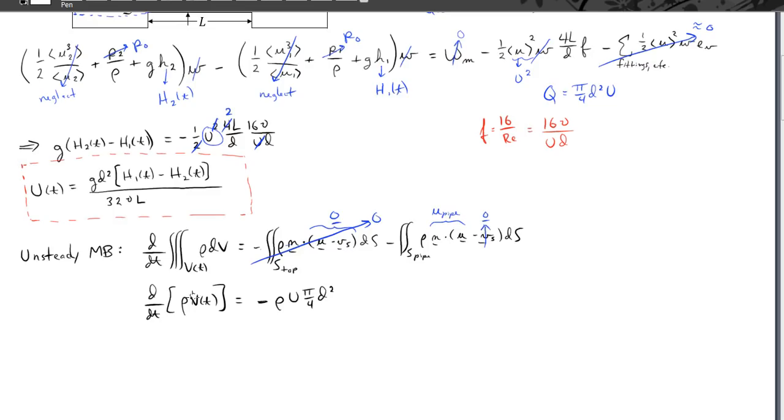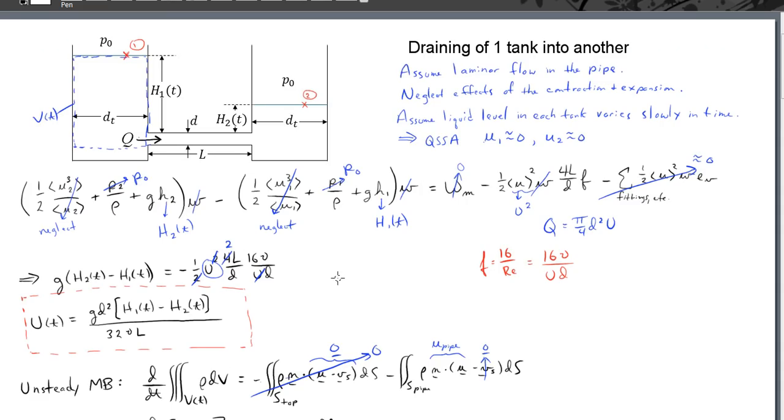Or if we cancel out the density, what we're saying is the rate of change of the volume in our control volume is equal to minus q, minus the volumetric flow rate that exits from the pipe.